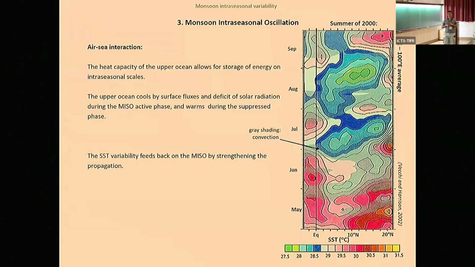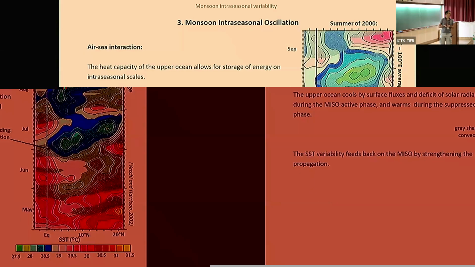When you try to look at that over the continent where the heat capacity is much smaller, what happens is that your surface temperature adjusts much faster to the forcing above. So if you cut part of the solar insolation because of the clouds, and you increase the surface fluxes because of the wind, then you'll cool your surface quite a lot and very fast. So it will feed back right away onto the atmosphere and tend to limit surface fluxes just under your convergence zone.